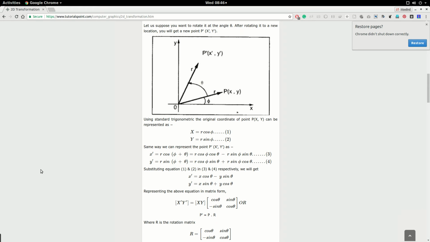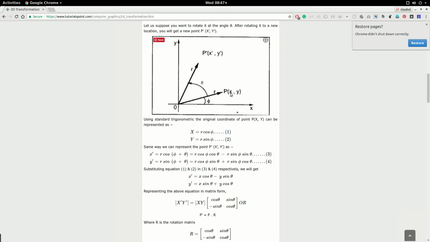Alright, so for rotation, we'll be developing these formulas. Actually, we'll build each and every one of these things in class, but I just wanted to give you a quick reminder of what you have seen before. Let's say you have a point P over here, and you move that point by theta degrees about the origin, so it lands over here at P prime. So what are the things you know?